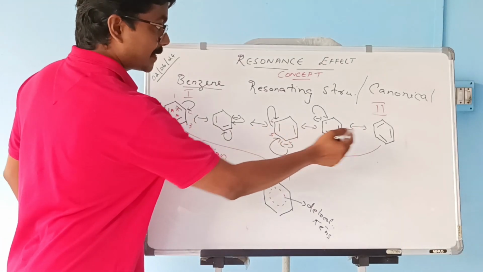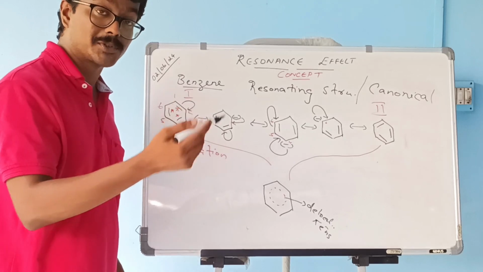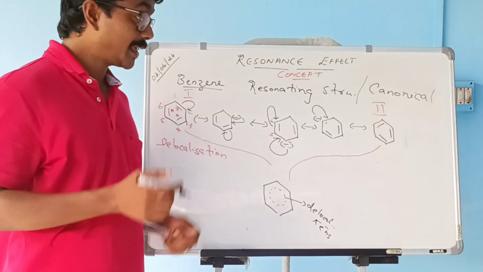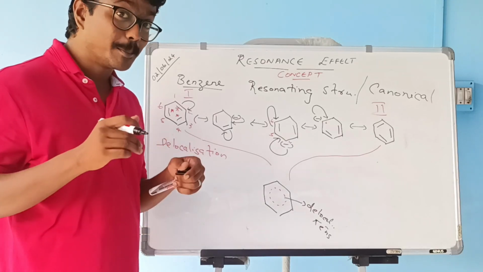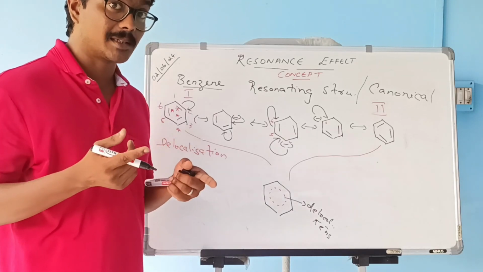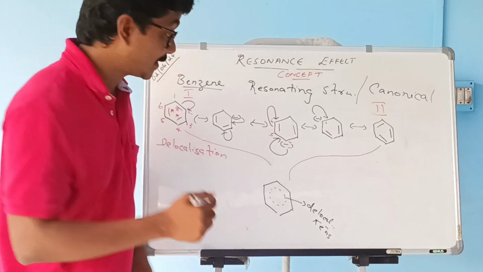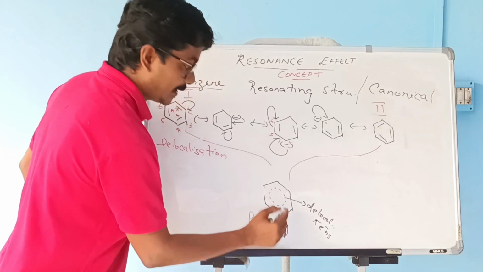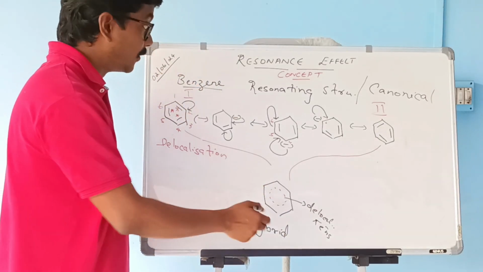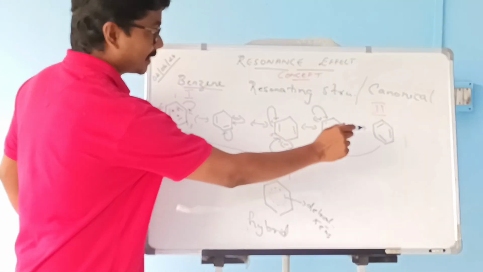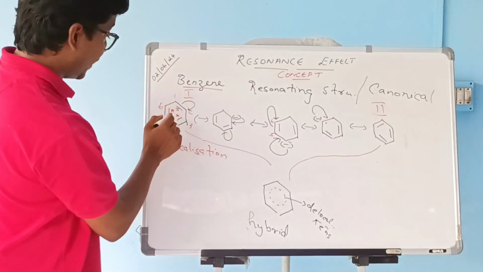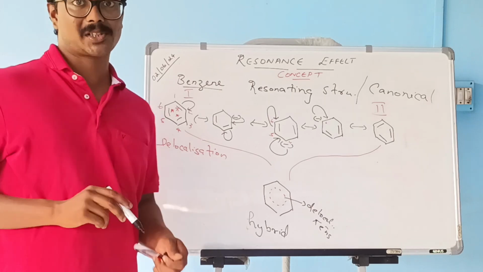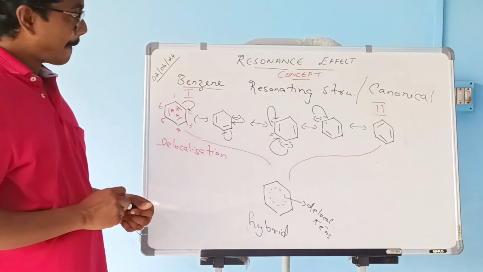The combination of more than two structures are called resonance structures, canonical structures or resonating structures. But we can simply represent the compound by another structure, a state of lowest energy, which is called the hybrid structure. This is the hybrid structure of the benzene ring, and these are the canonical structures, with the first and the last called Kekule structures.